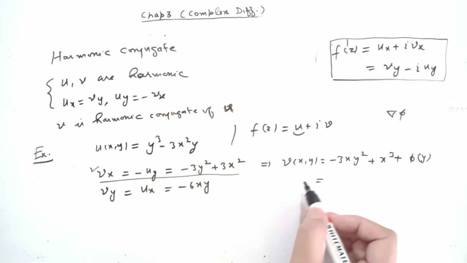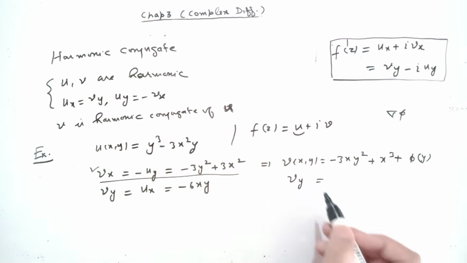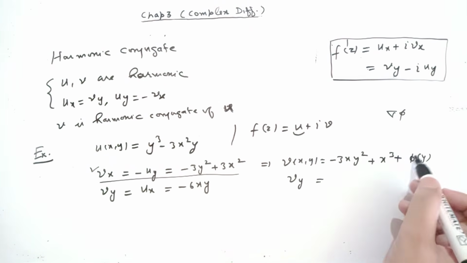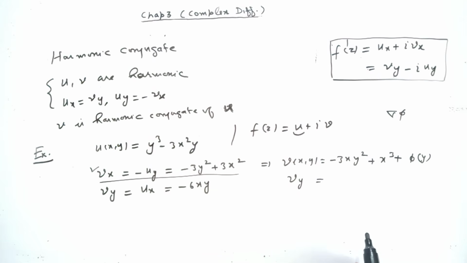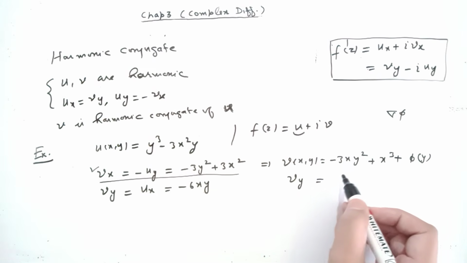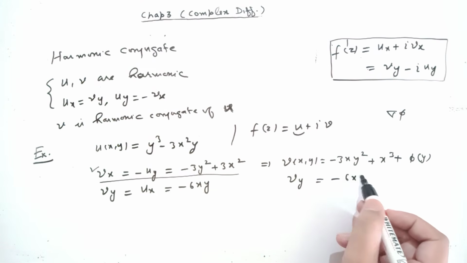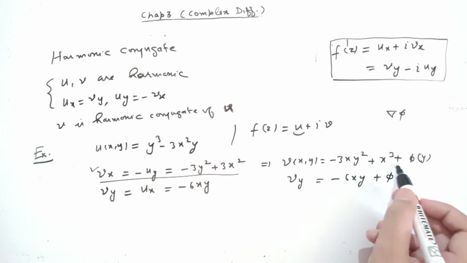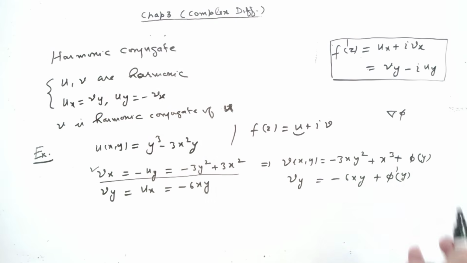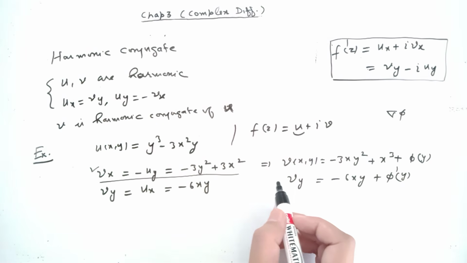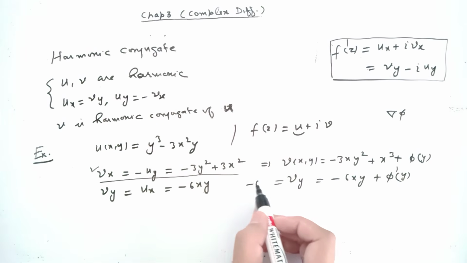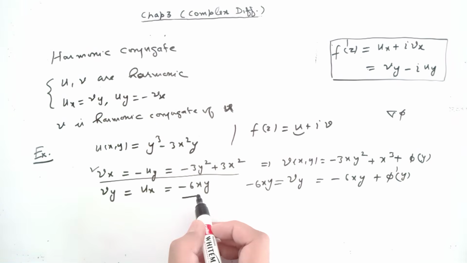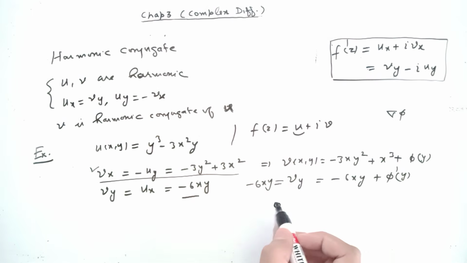Now let's differentiate both sides partially with respect to y, because I need to calculate this phi. So partial derivative with respect to y gives minus 6xy plus phi prime y. This prime is naturally derivative of phi with respect to y. v_y already we have calculated, minus 6xy from here. These are cancelled. So what is phi prime y? 0.